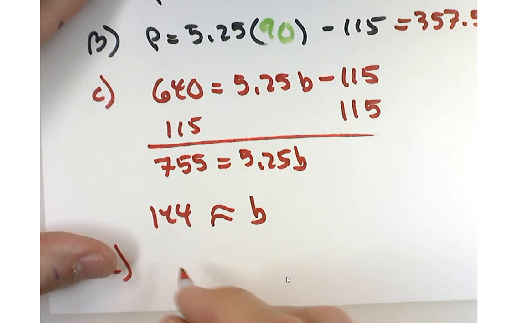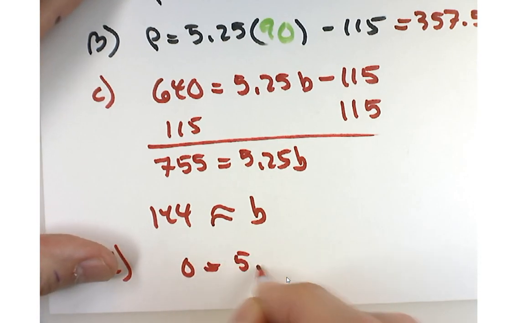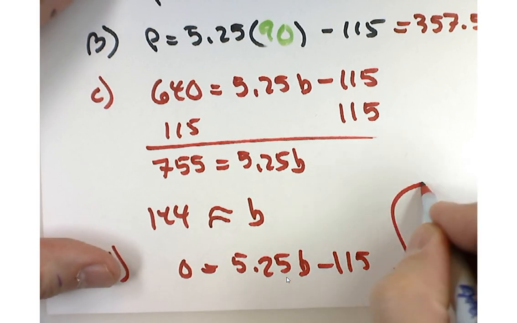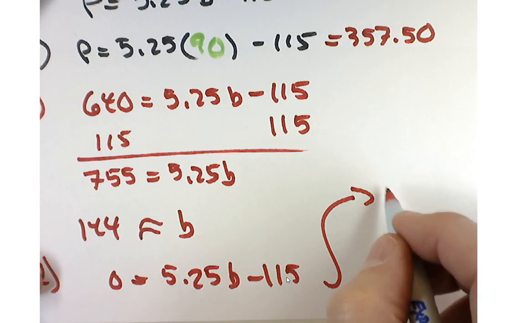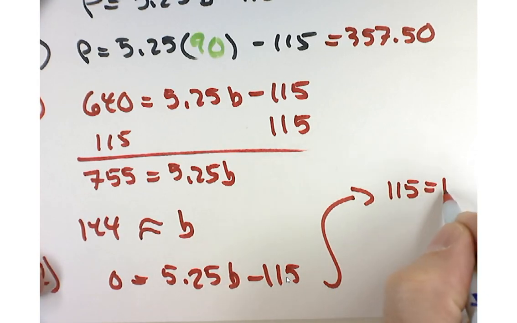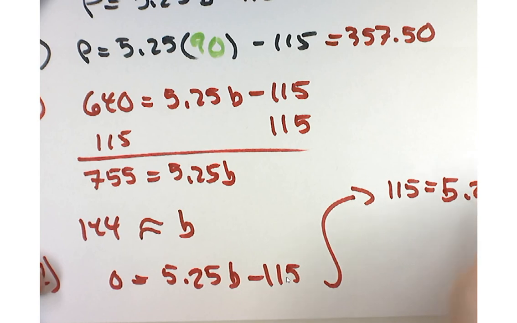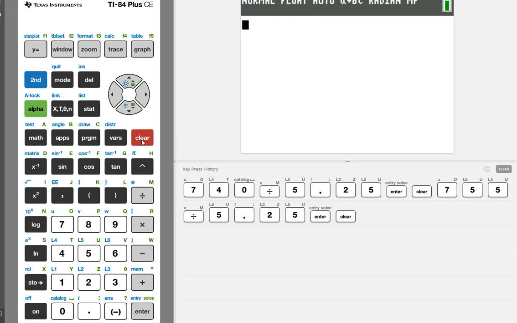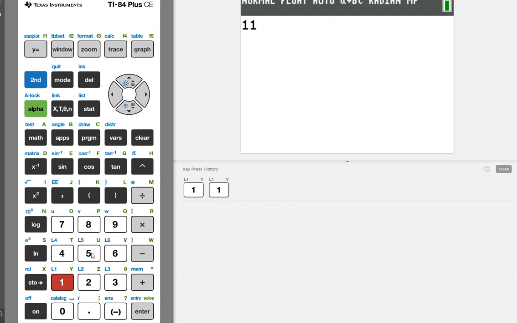So that's going to be 0 equals 5.25b minus 115. So I'm just going to finish solving it here. Add 115 to both sides. Divide by 5.25. And I don't think it's going to be a nice even number. But that's okay. 115 divided by 5.25.